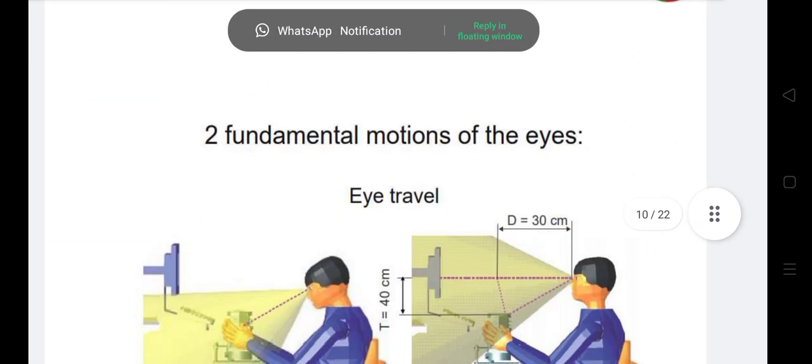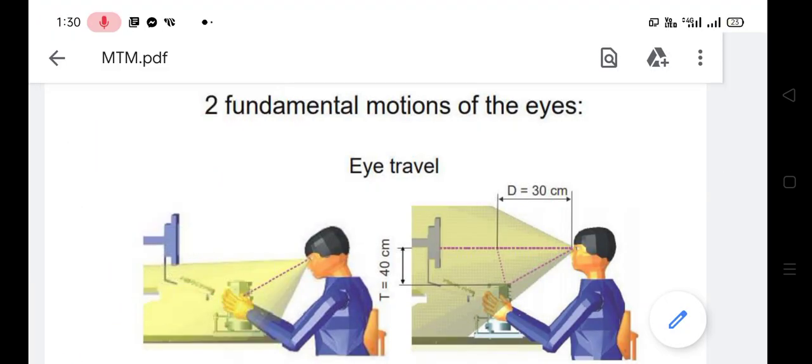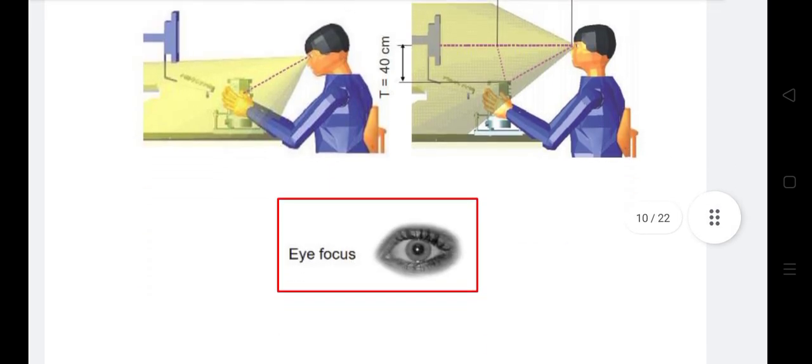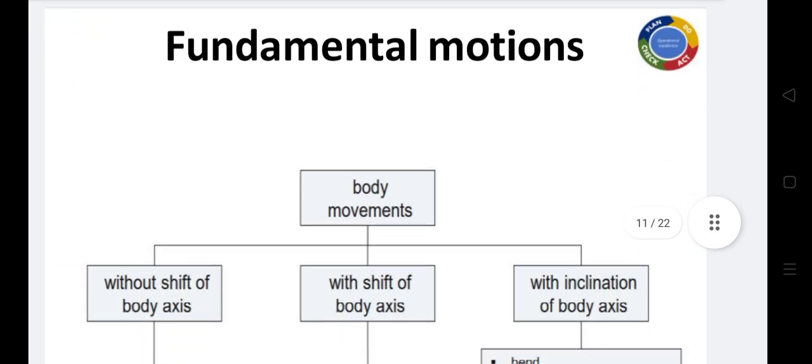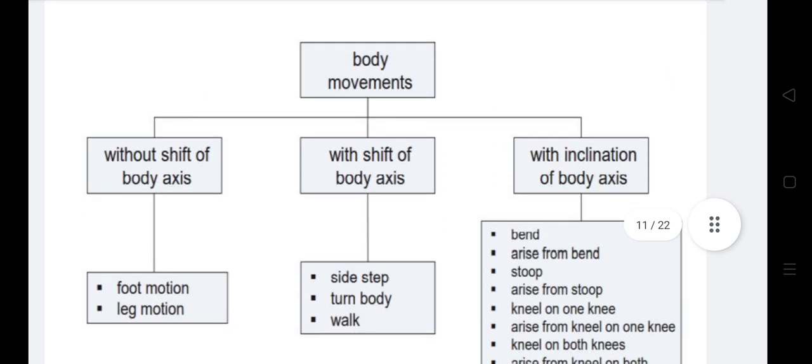Fundamental motion. Two fundamental motions of the eye: eye travel, eye focus. Fundamental motions of the body: movement without shift of body, with shift of body, with inclination of body.